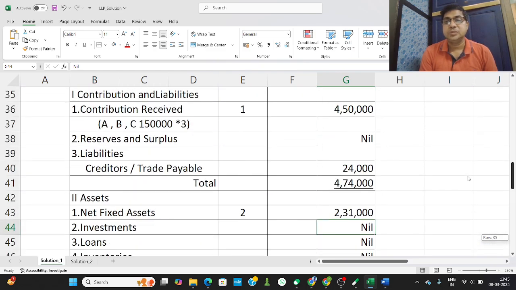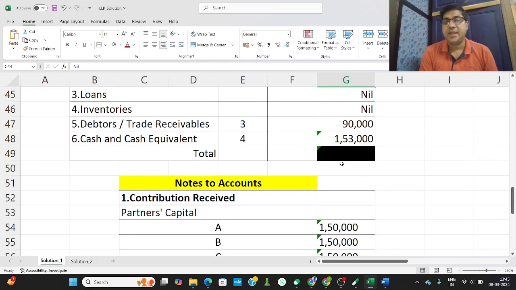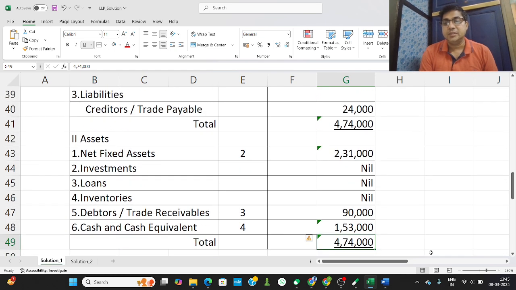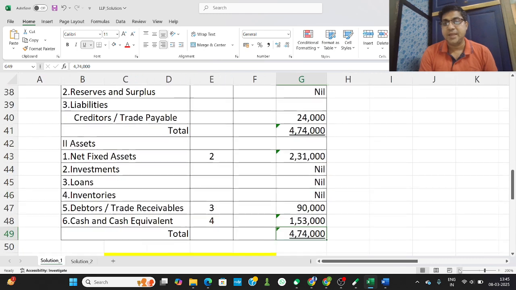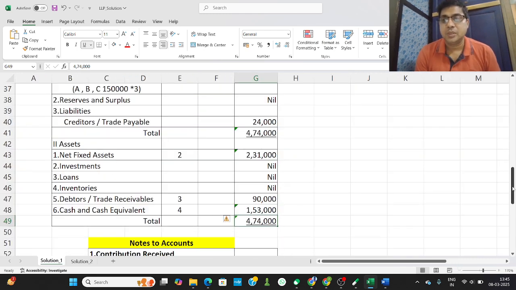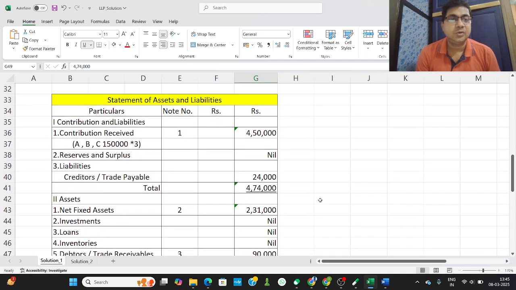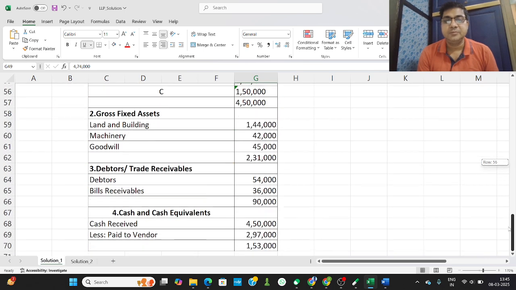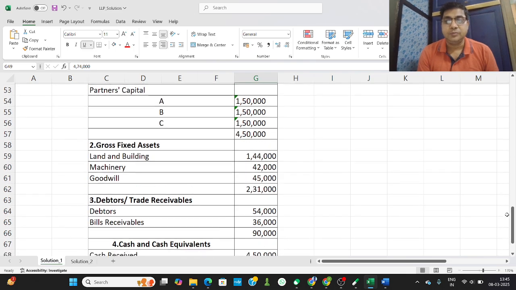How will we close? The 4,74,000 is the contribution and liability, and the assets total is also the same 4,74,000. In the contribution and liability, contribution received, surplus, and creditors and bills, trade payable, whatever is there, for that we prepare the note to accounts.